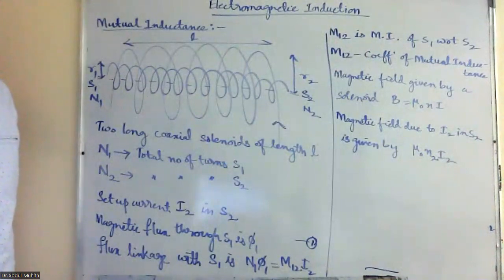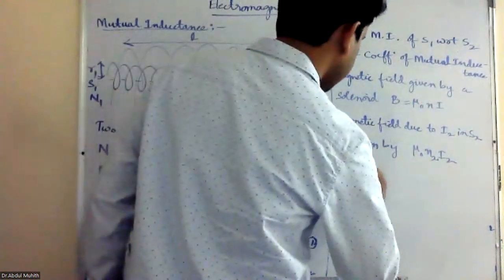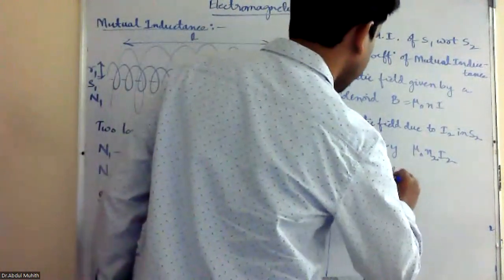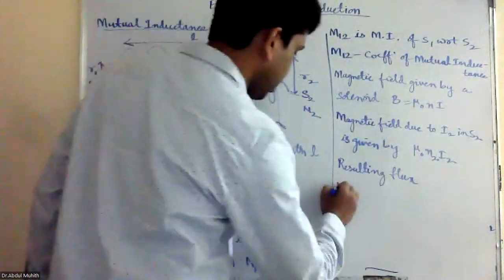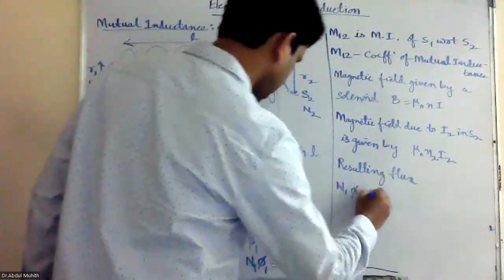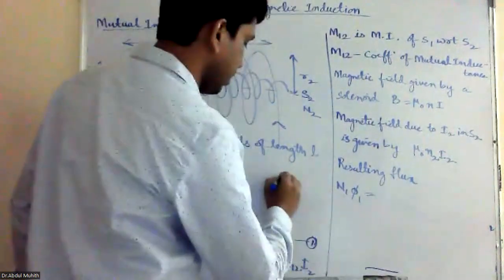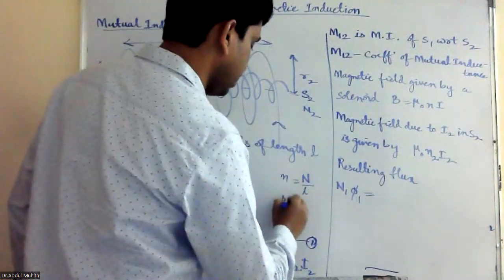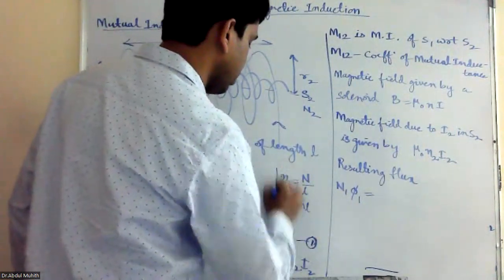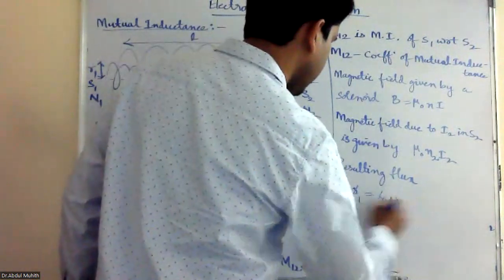Now the resulting flux is how much? Just substitute. N1 is the number of turns, and N is equal to small n into L, the number of turns per unit length times the length. So we write N1 L1 into flux.